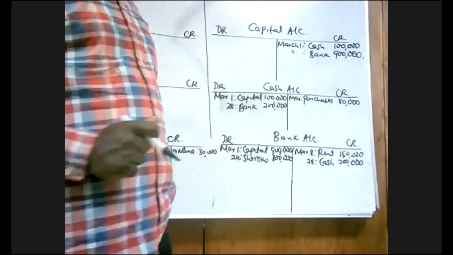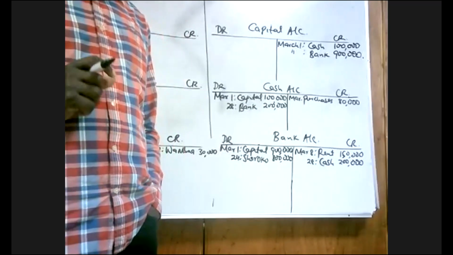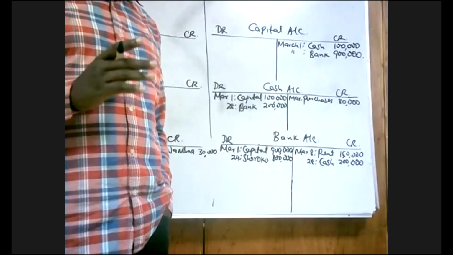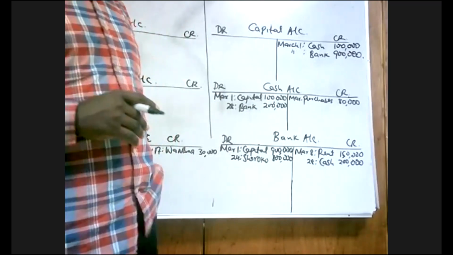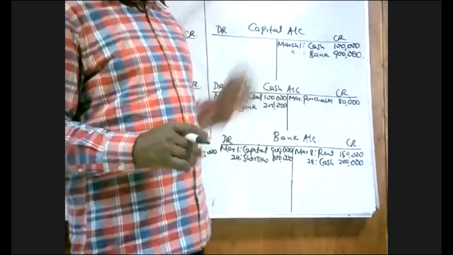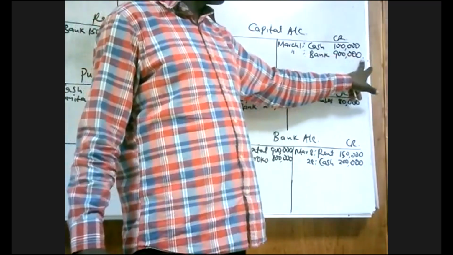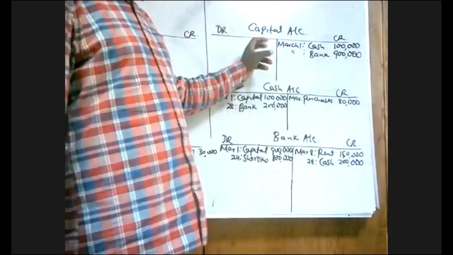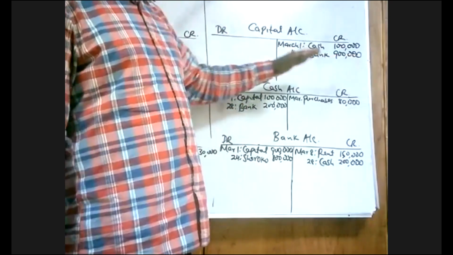What you do, for each and every account that you have opened, you determine which side is having more and by how much. Like in this first account of capital, on the credit side, the capital is having 900,000, but on the debit, there is nil. So I need to balance.